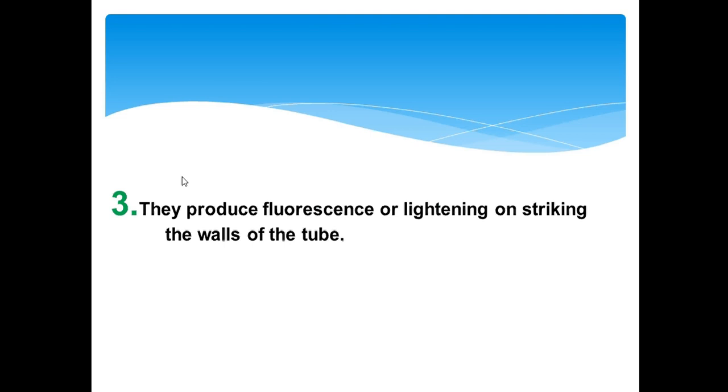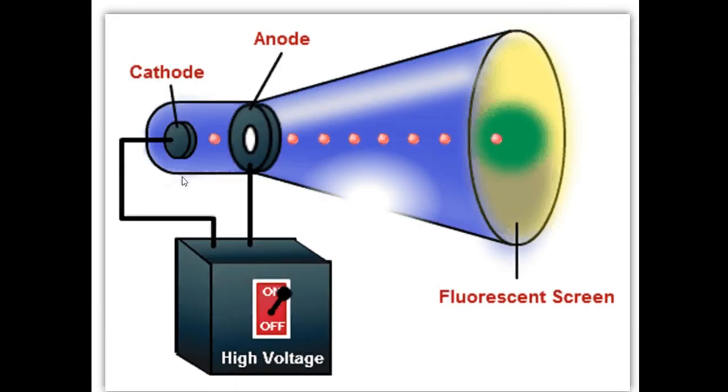Cathode rays produce fluorescence or lightning on striking the walls of the tube. Look at this light, in which green fluorescence on the screen is visible.